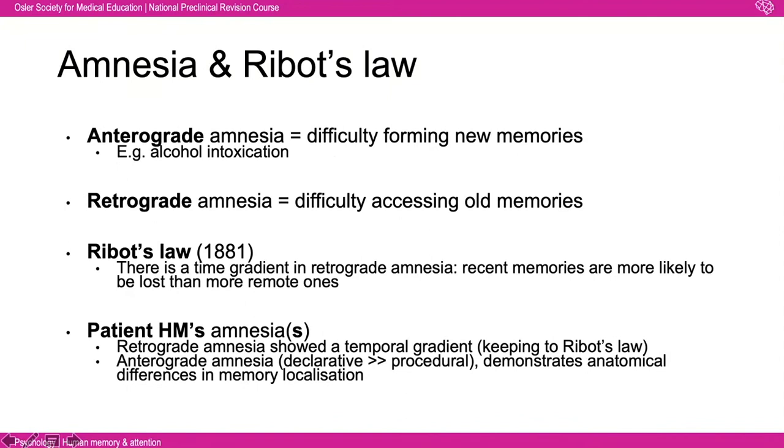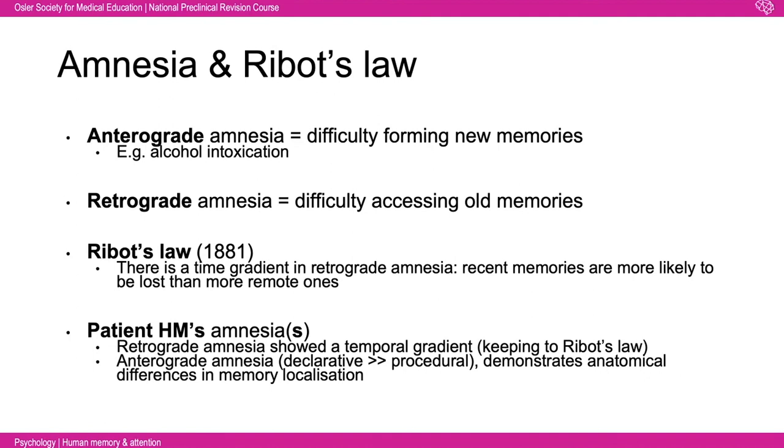Amnesia, as you know, is the inability to remember something, but there are lots of different types. Anterograde amnesia is difficulty forming new memories. For example, many of you students will have experienced anterograde amnesia from a night out: if you're quite intoxicated, from that point onwards you aren't able to form new memories.